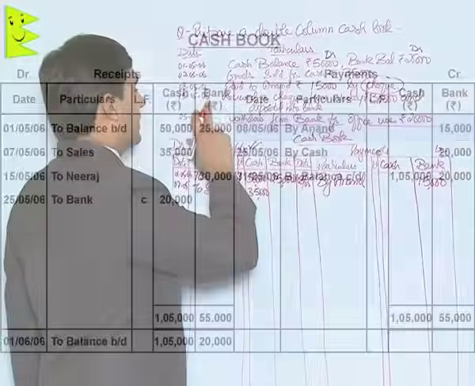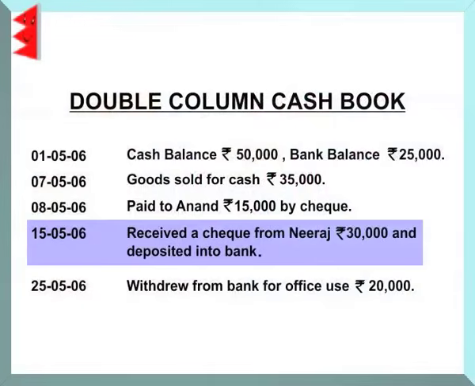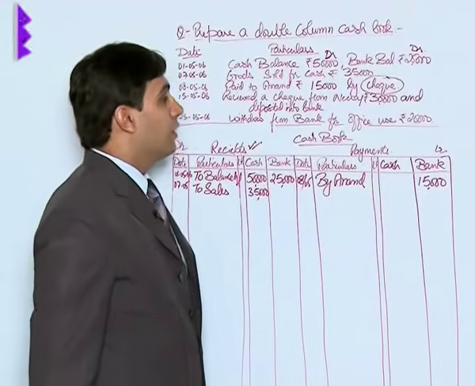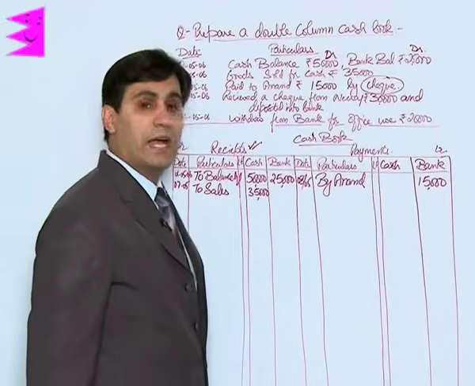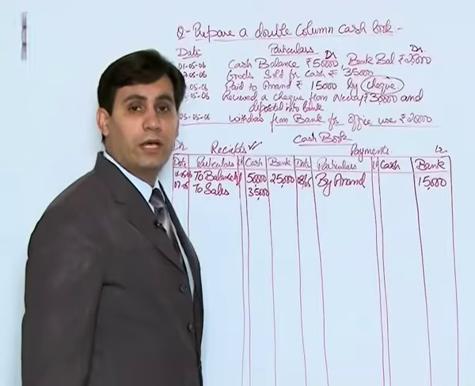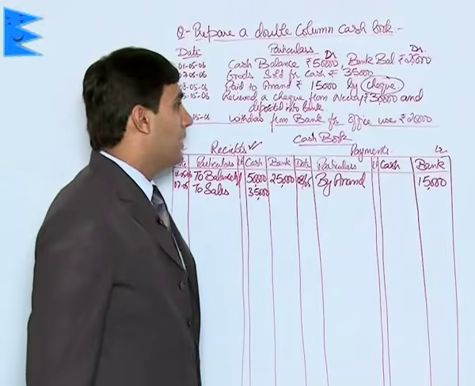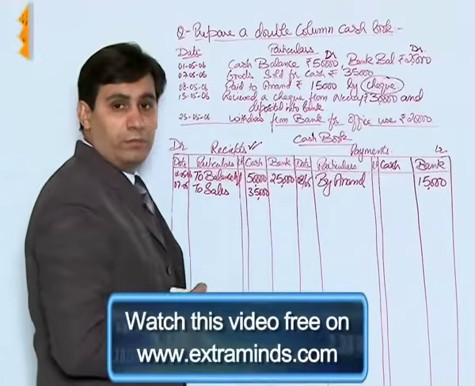Now students, the second last entry is 15th May, received a check from Neeraj rupees 30,000 and deposited into bank. That is, Neeraj has paid us a check worth rupees 30,000 and we have deposited that check into our bank account. That means we are receiving payment from Neeraj.